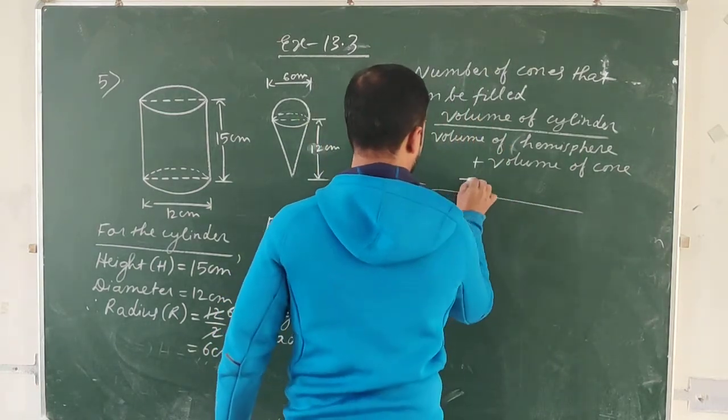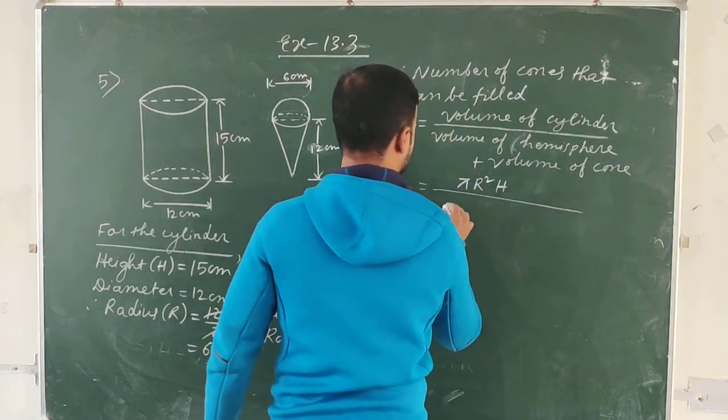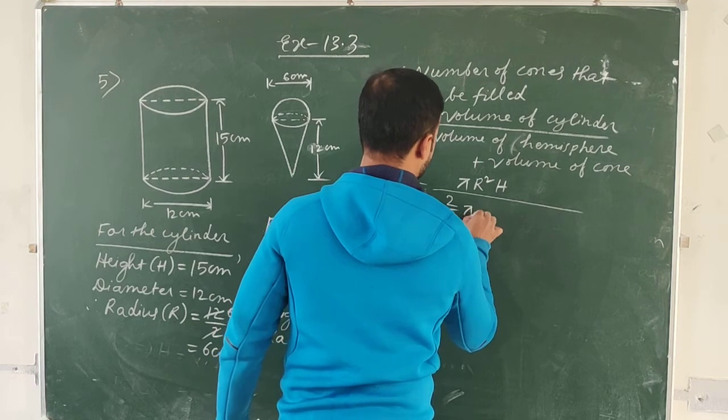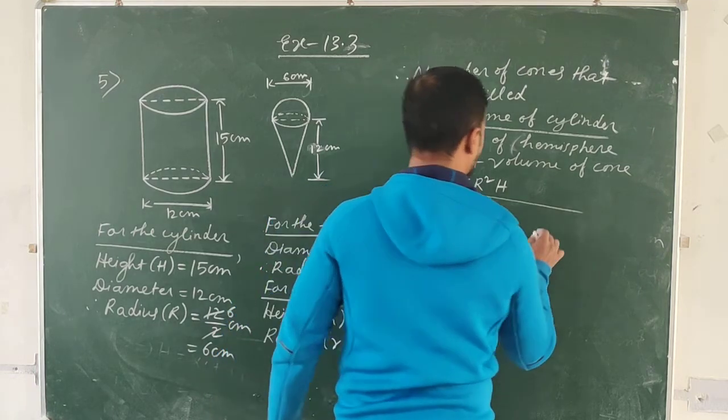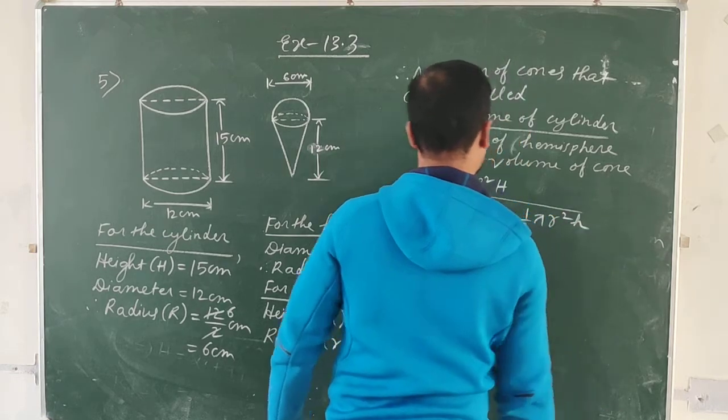Volume of cylinder is pi R square H. Volume of hemisphere will be 2/3 pi r cube. Volume of cone will be 1/3 pi r square h.